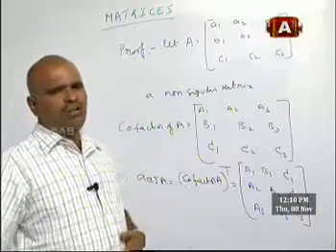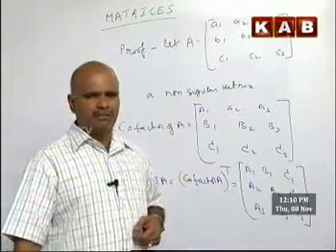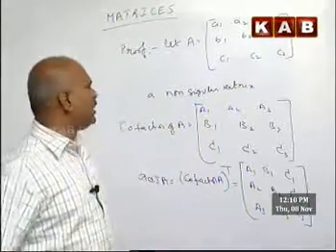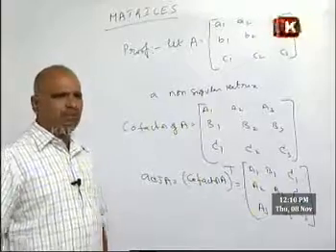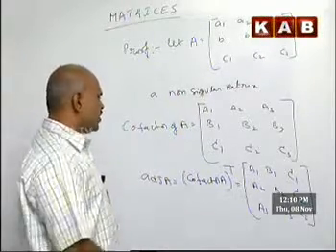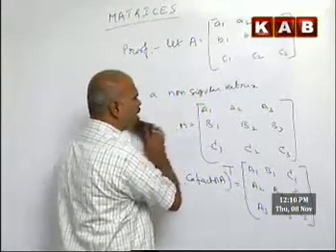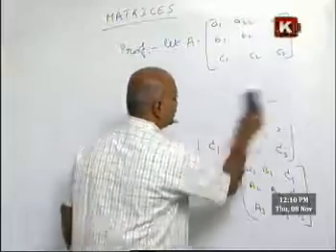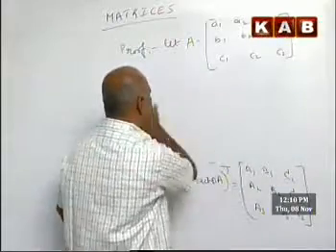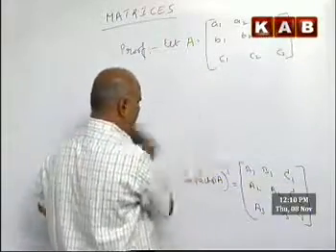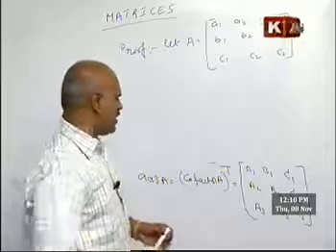Now I have to find A into adjoint A. So that is my aim. See here, A into adjoint A I am writing like this. Everybody knows the A matrix, and everybody knows the adjoint matrix.